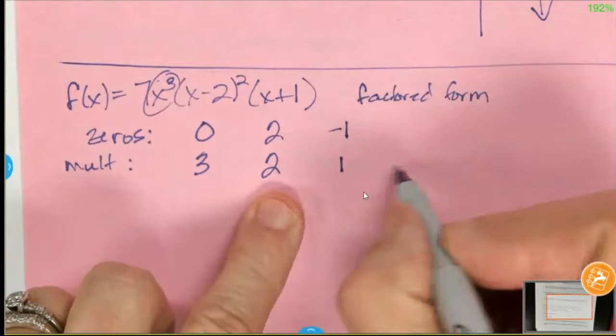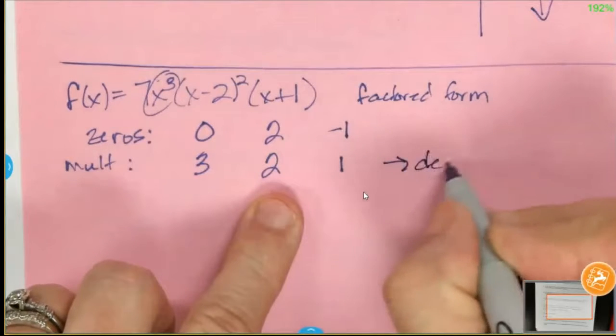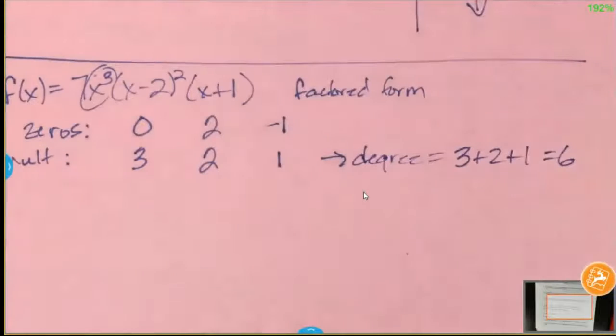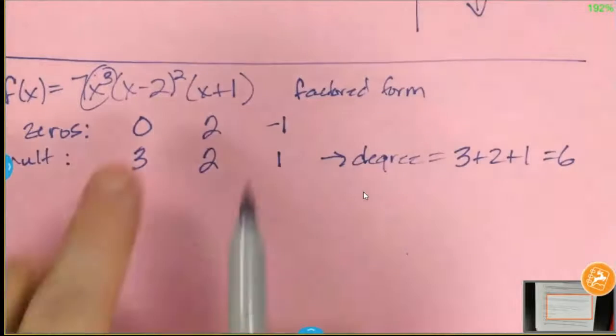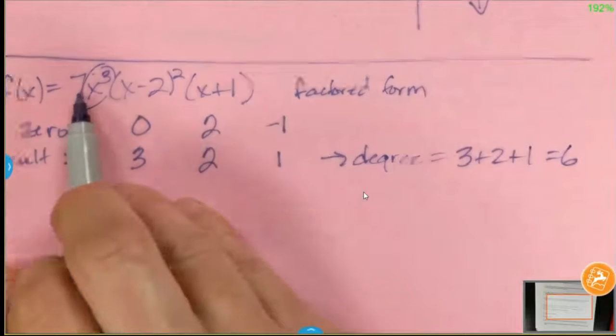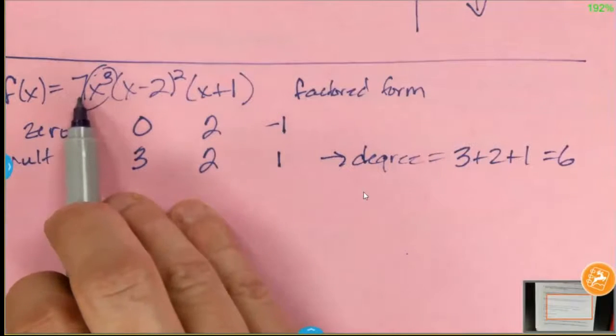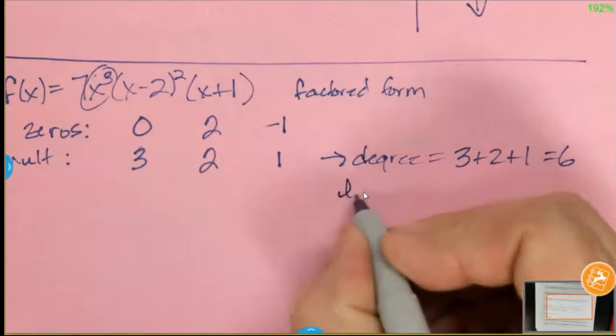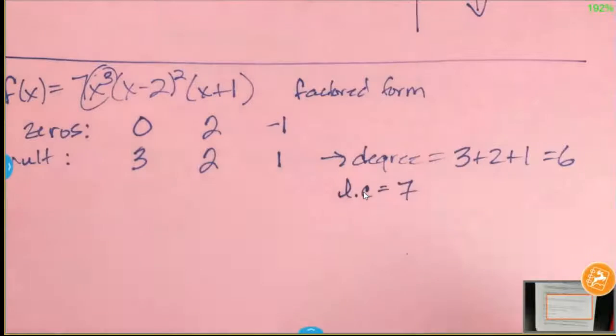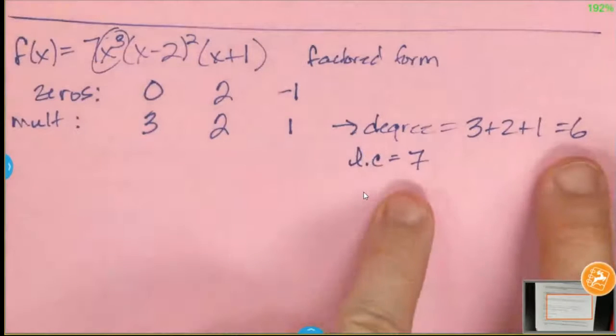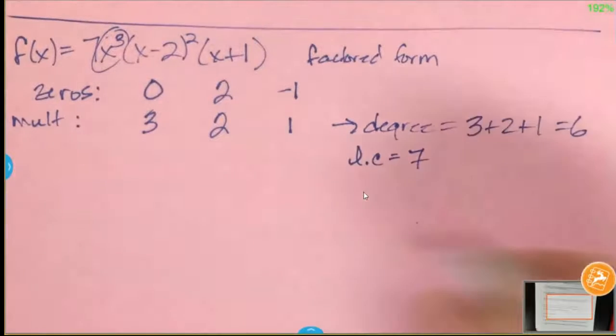Now that we've got that, we can add up our multiplicities to get our degree. That means our degree is 6. And if we look at our factored form here, the coefficient that's in front of the whole thing is a 7. So that means our leading coefficient is 7. We can take these two things and think about the end behavior.